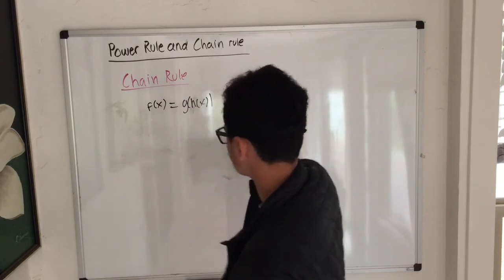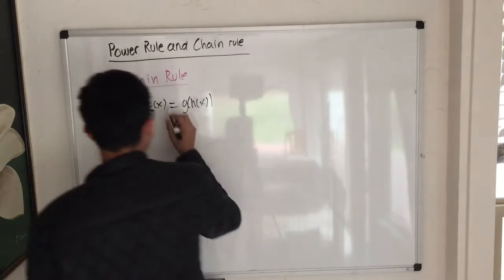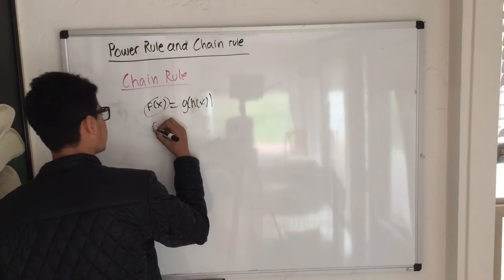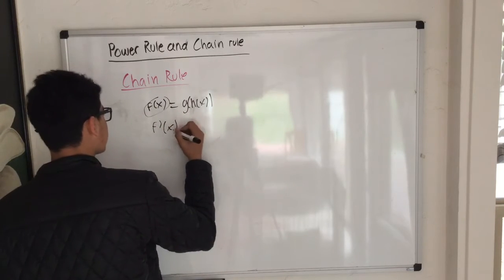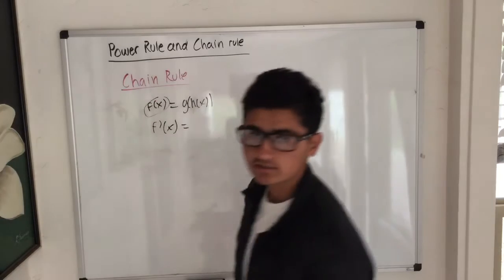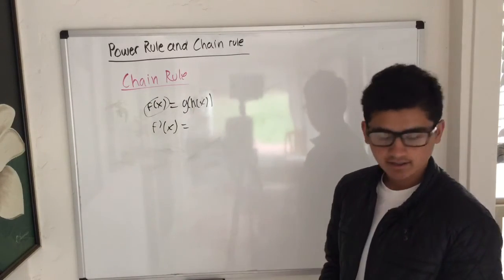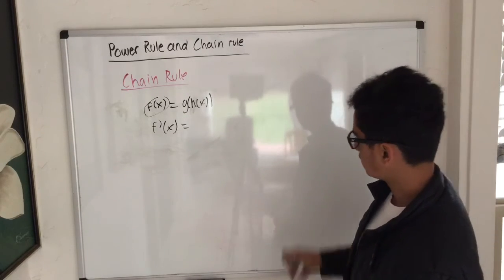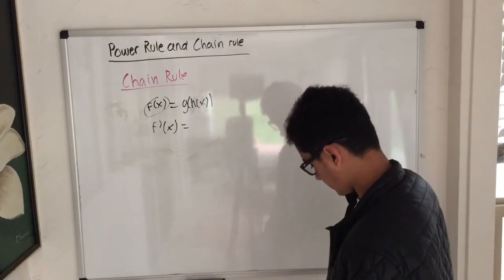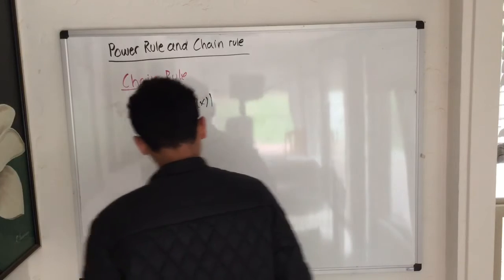That's our situation here, and we want to find the derivative of f of x. It looks very confusing, like how are you going to find the derivative of this, g of h of x? And the answer is pretty easy. So let's take a look at this.